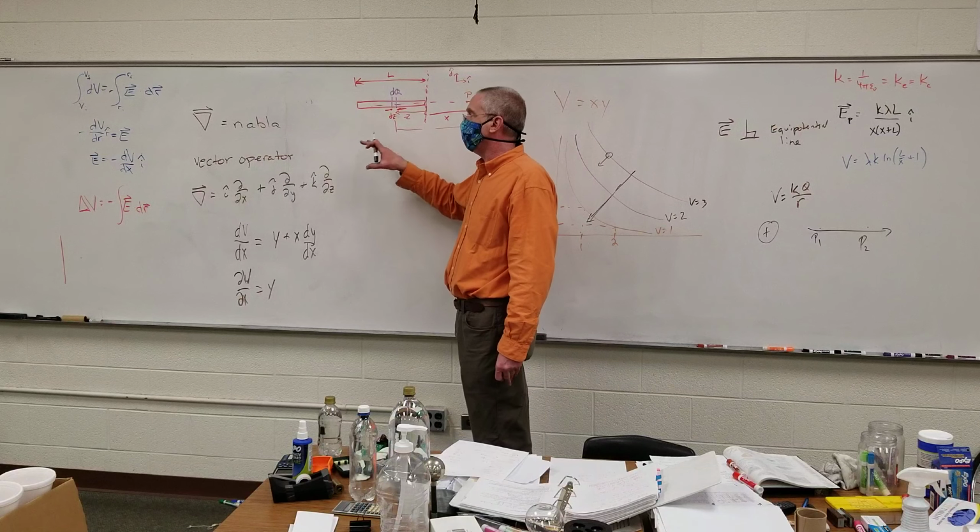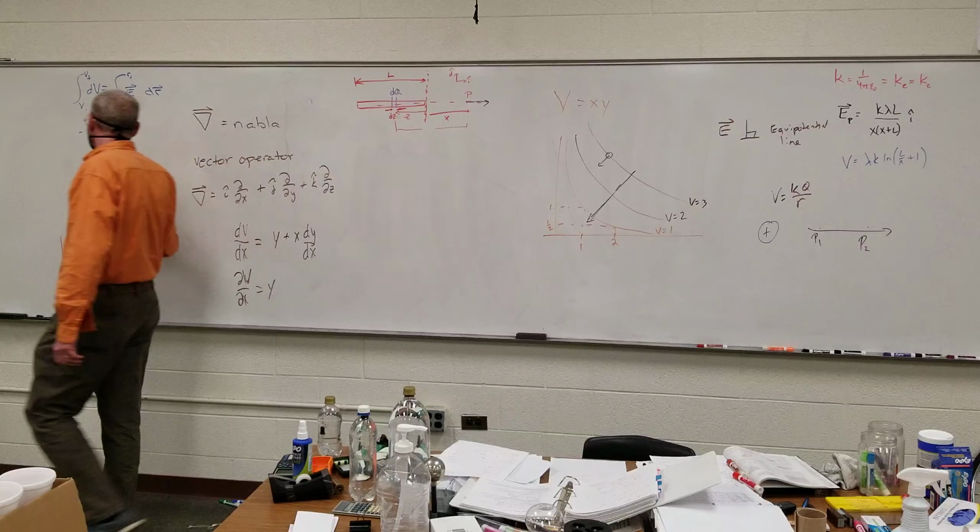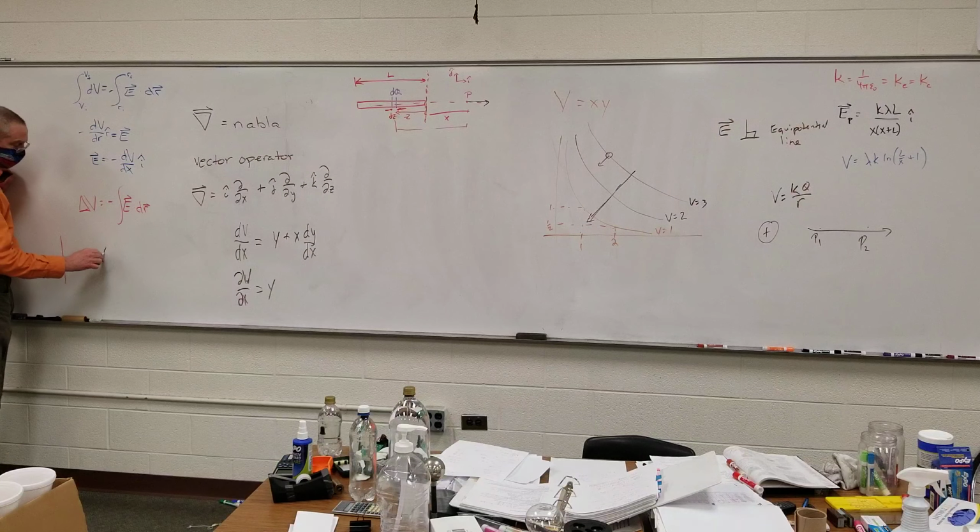So if I'm dealing with multiple dimensions here, my electric field is the negative of the nabla operating on the electric potential, or, and I think this is a Calc 3 thing, gradient, div, grad, curl. Not coming up with a whole lot of recognition right there. Negative gradient of the potential.